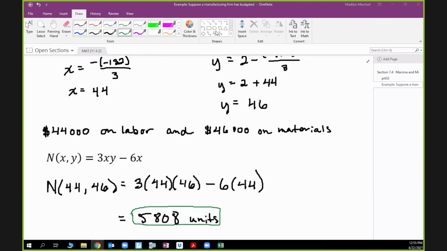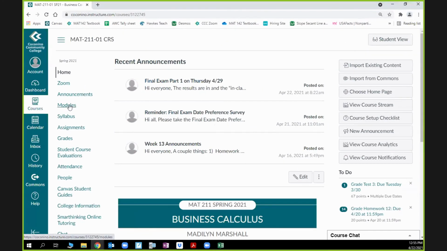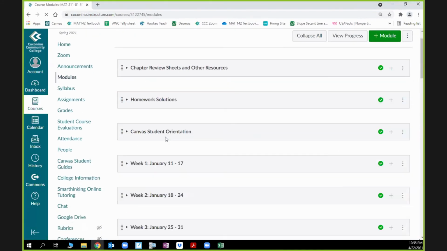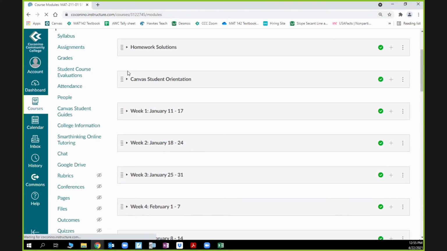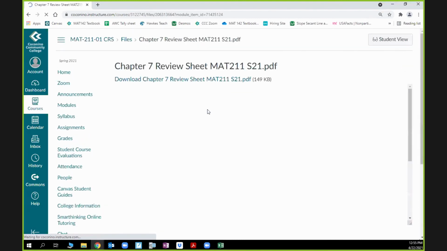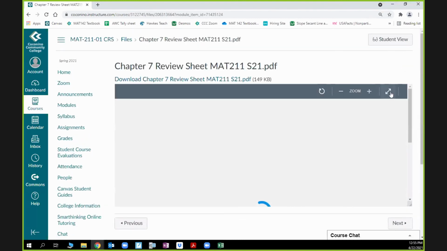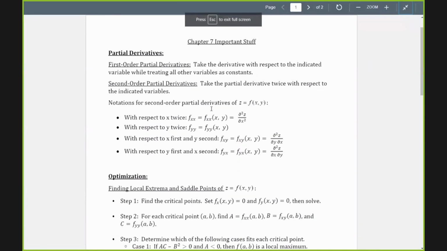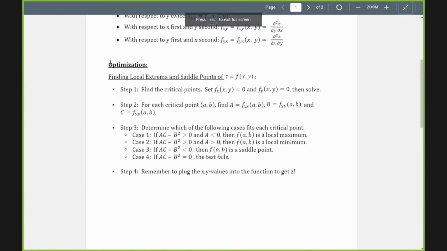these steps are in the book, but I also put them on this chapter 7 review sheet as well. You'll notice on the chapter 7 review sheet, there is partial derivatives, and so general optimization. So finding local extreme and saddle points of z equals f of x, y.